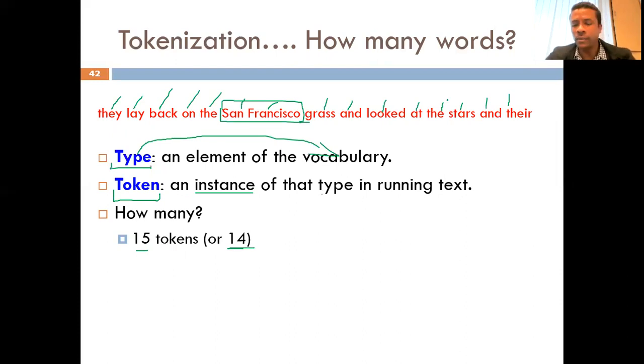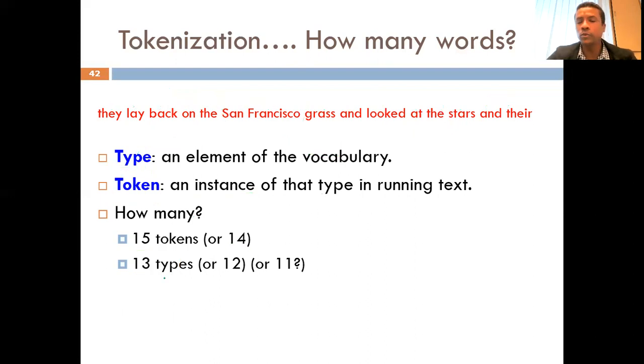But when it comes to a type, it can be 13, 12, or 11. Why? Because a type is a unique vocabulary entry.